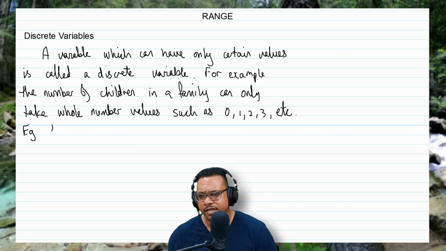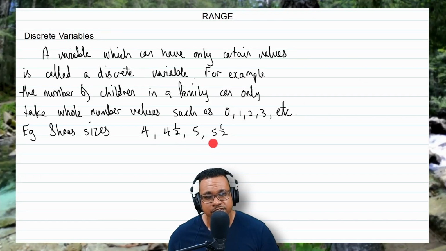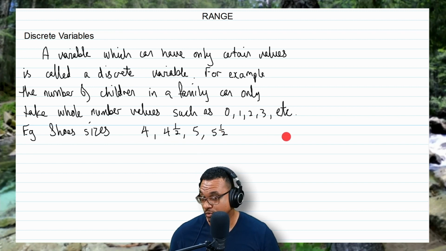For example, shoe sizes could be a 4, then 4.5, then 5, and 5.5. This would be a discrete variable because it goes 4, then 4.5, 5, then 5.5, and so on.